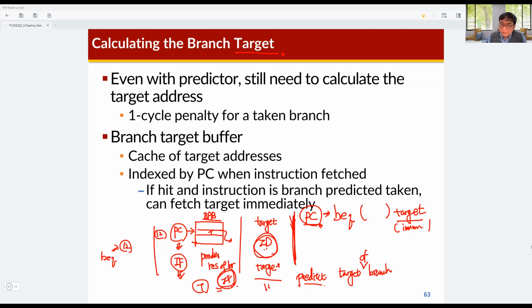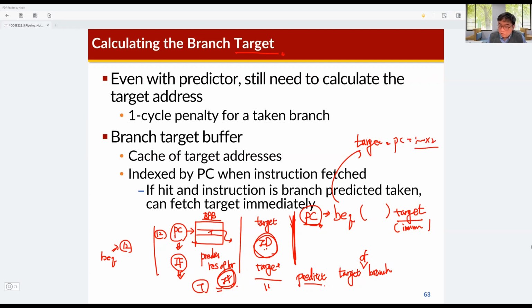So actually, we know the target of the branch instruction once this branch instruction has been executed. The target of a branch instruction is the PC plus the immediate value multiplied by 2.